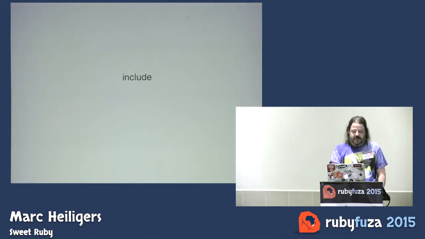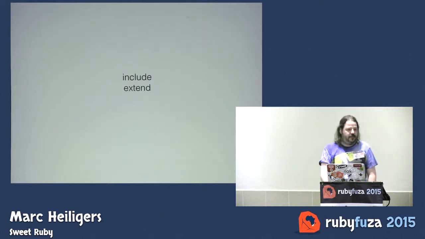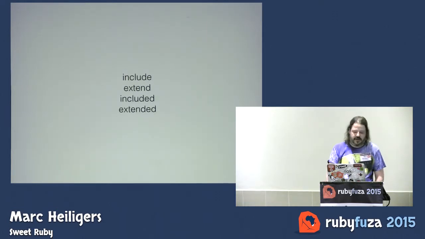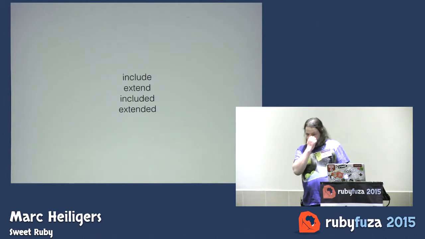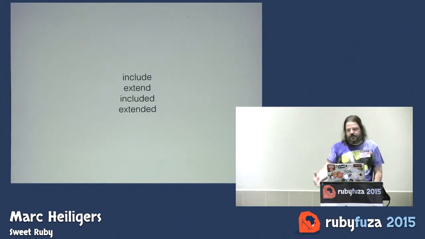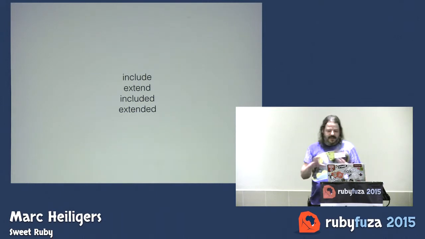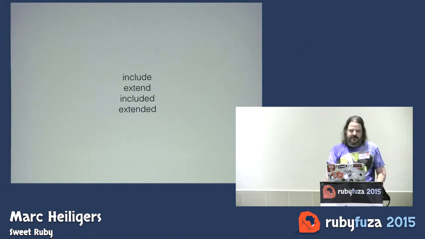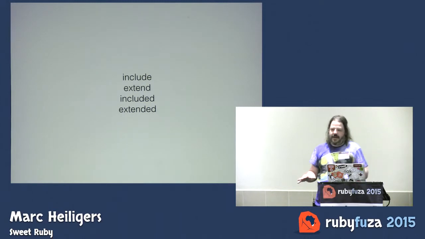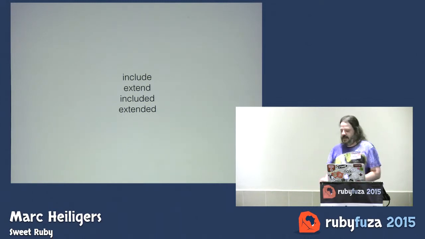And then we have include and extend, and we have two events, included and extended. So again, the point of this is that when you have all this stuff that you can do in more than one way, then you might find a way of extracting.